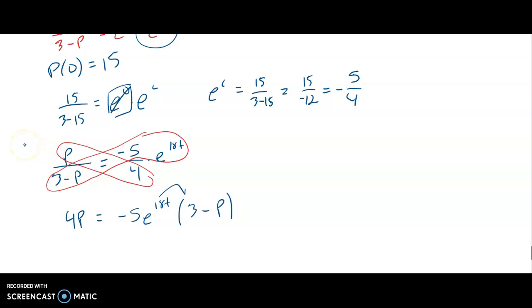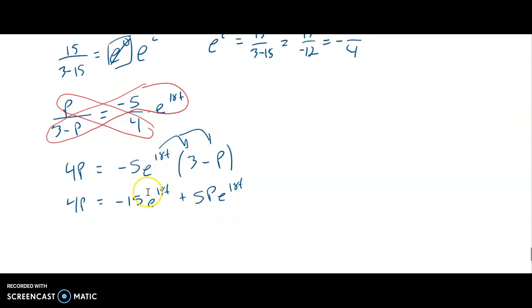So now I need to distribute this into both of these. That's going to give me 4p equals negative 15 e to the 18t, and then plus 5p e to the 18t. Now, usually I actually like to deal with this negative 18t here. Actually, yeah, sure, I'll do it, okay?